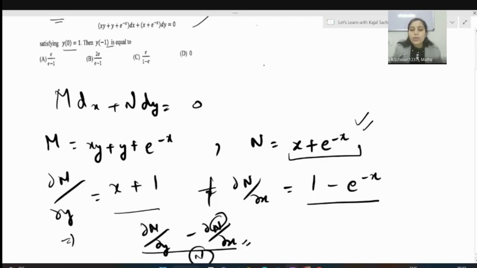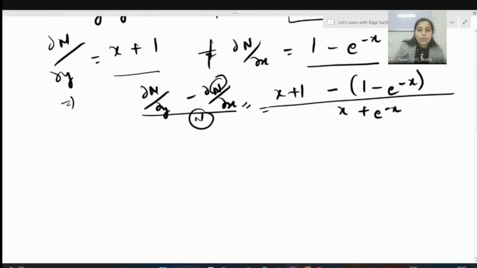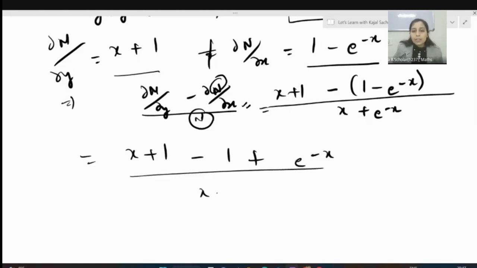If we get a function of x, then we can write the integrating factor directly. So partial M upon partial y is x plus 1 minus 1 minus e raised to power minus x, and dividing by x plus e raised to power minus x. From here we get x plus 1 minus 1 plus e raised to power minus x upon x plus e raised to power minus x.